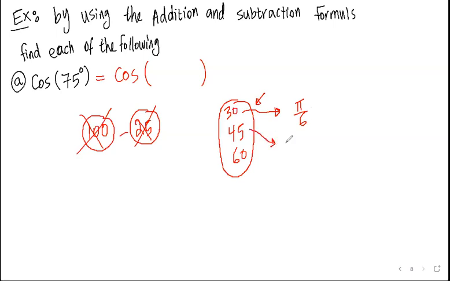And 45 is pi over 4, and 60 is pi over 3. So the best choice to make 75 is 30 plus 45.